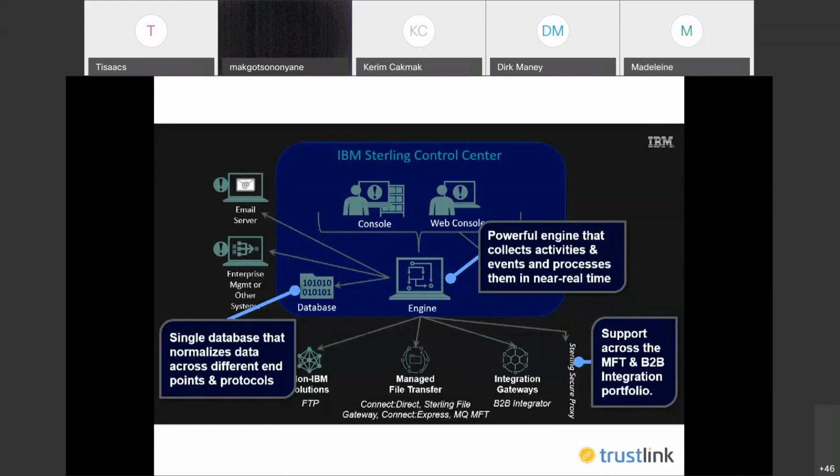You want Control Center to be watching for those types of things, and that's how it does that, by collecting the information and then applying that to this rules engine that we've been talking about. And of course, the power of this is the possibilities are truly endless, where it could be Connect Direct instances or the gateways or other solutions like an FTP server that we talked about previously.